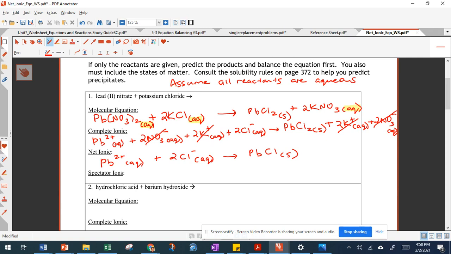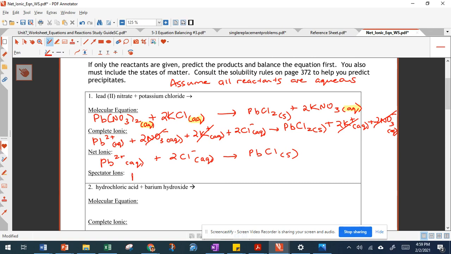Now anything I did cross out is a spectator. It's kind of like when you see a fight in the cafeteria, you have some people that are actually fighting and some people that are watching. Those are your spectators. They're not involved in the fight. So here, our spectators are the potassium ion and the nitrate ion because they're not involved in the reaction.